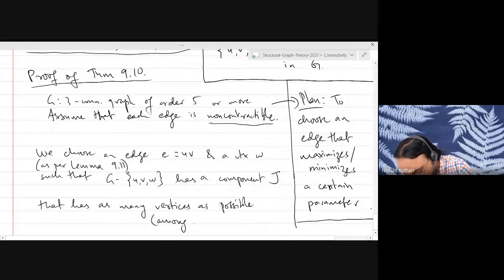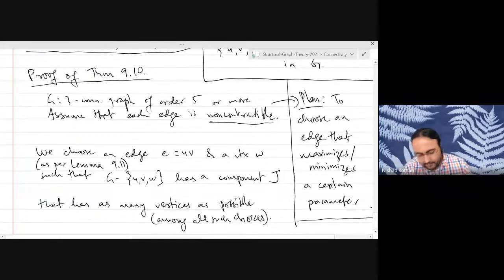So what are the choices? I want you to think about the choices again. Every edge is non-contractible, so we can choose any edge.